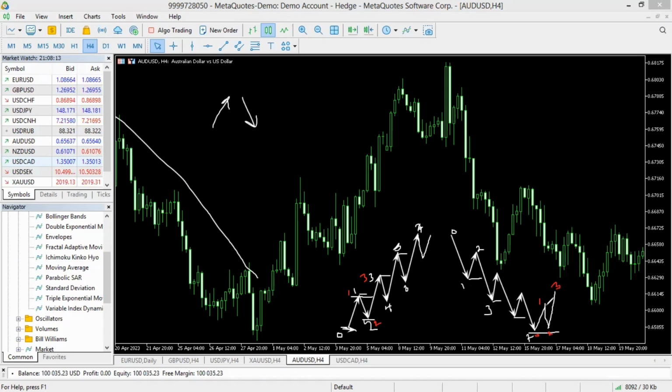So 1 has been broken, so that's a characteristic of an uptrend. Though we have seen cases in the market whereby price goes up, breaks down, and keeps going downward. This happens, but in most cases, let's say 70% of the time, what we are going to have would be this, this, and so on and so forth.